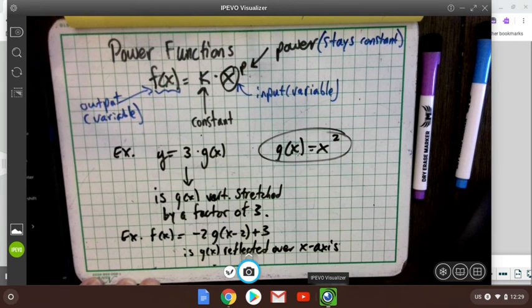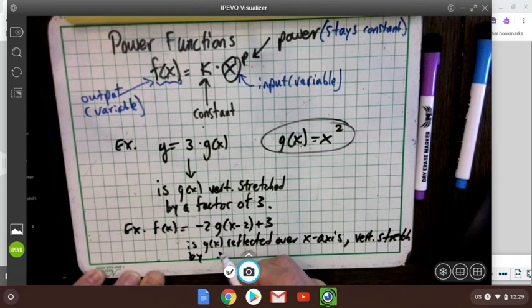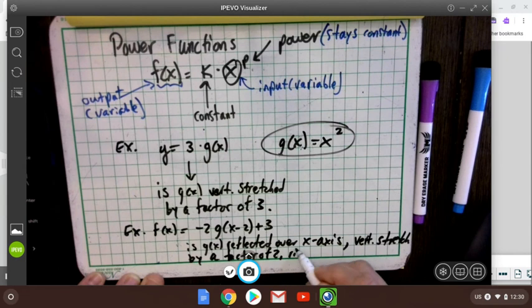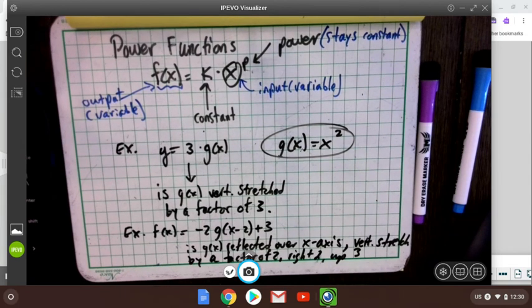Not only that, it's vertically stretched by a factor of 2. Right 2. Up 3. Okay, so some basic stuff that we've been working on. That should be pretty familiar for everybody.